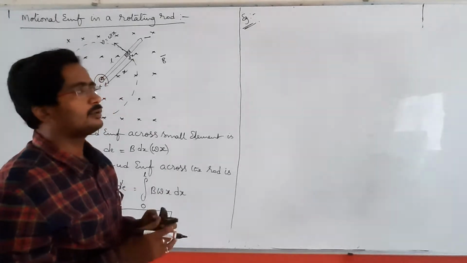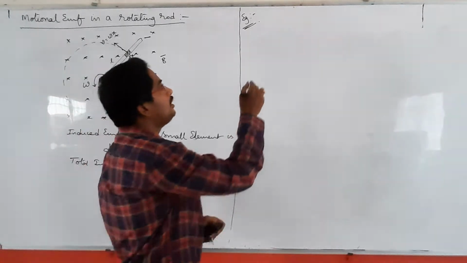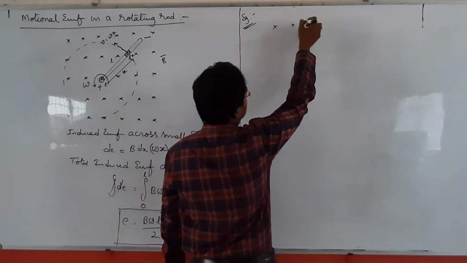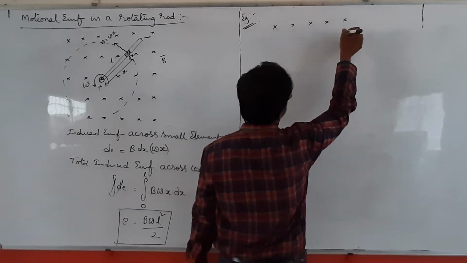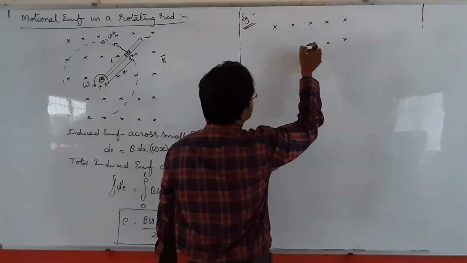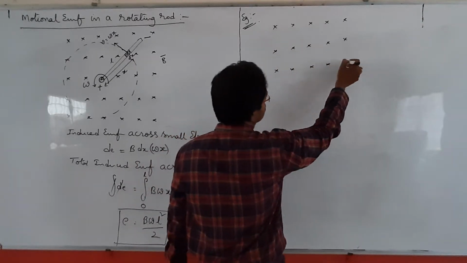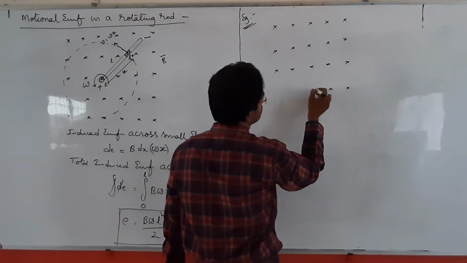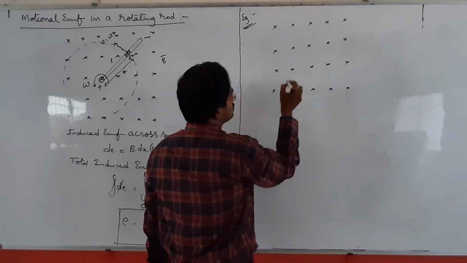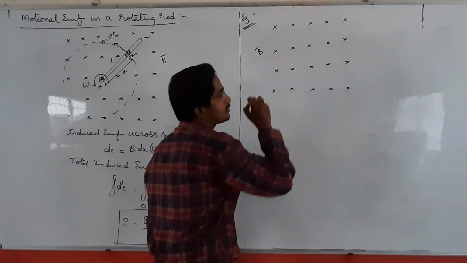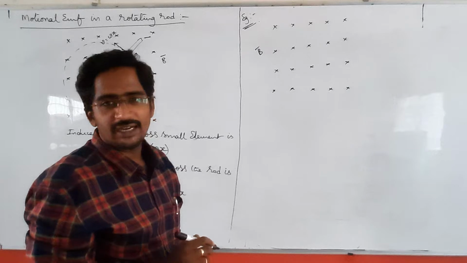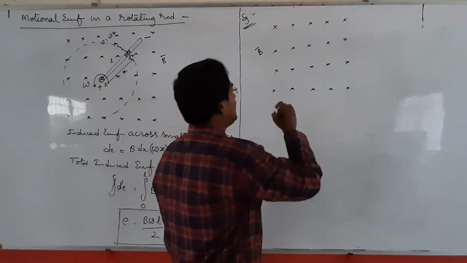In this example, a magnetic field of induction B is considered. In that magnetic field, a rod is placed.